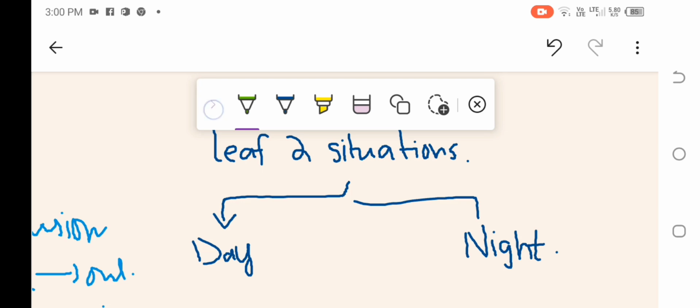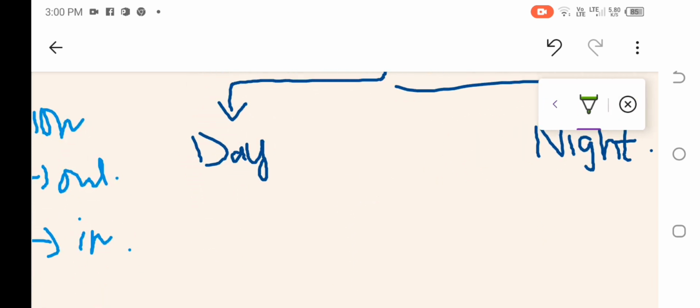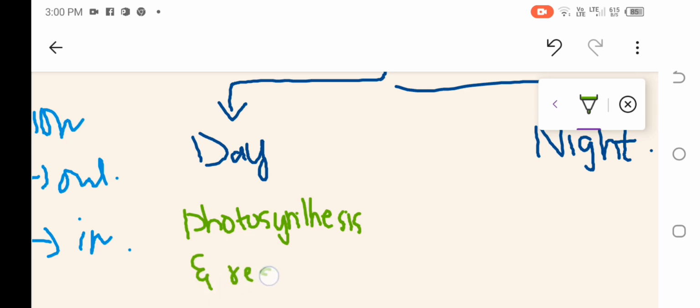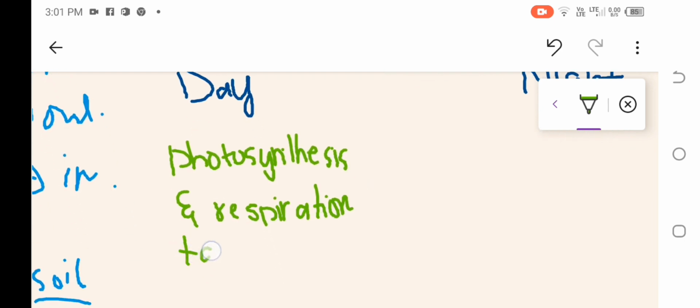In the daytime, in the mesophyll cells both photosynthesis and respiration take place.